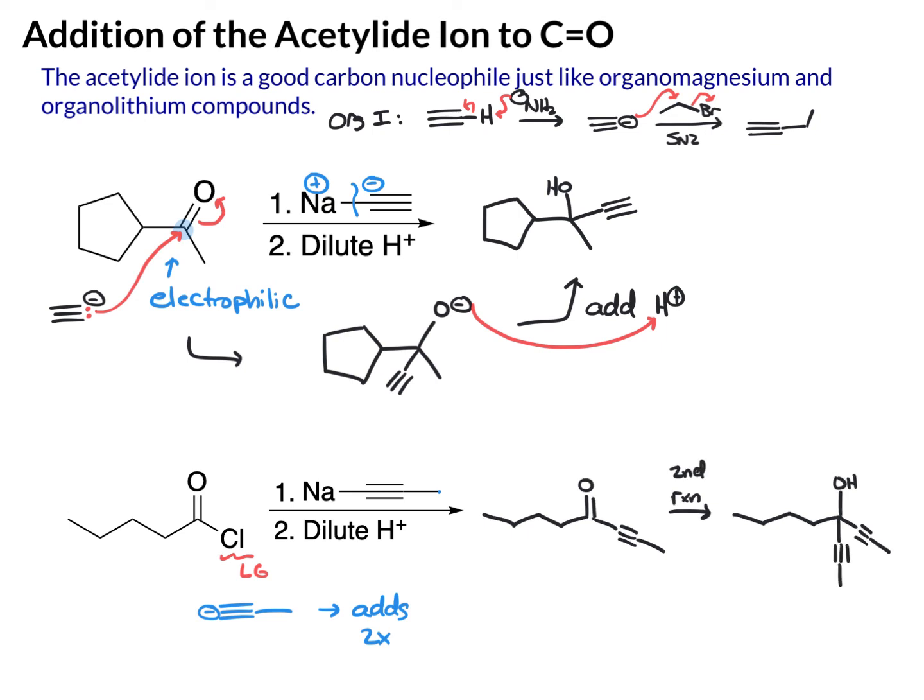So we get 2 additions. So oftentimes this isn't that synthetically useful to add 2 alkynes, but it can be quite useful to be able to add 1 into your molecule using this type of chemistry.